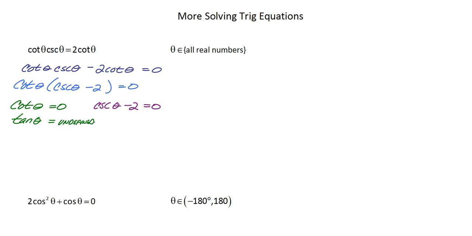There's multiple ways to think about that. So we have cosine of theta over sine of theta is equal to 0 for cotangent, and we have the sine of theta over the cosine of theta, that's equal to an undefined thing because that's when it's 1 over 0. So there's a lot of different things to think about.